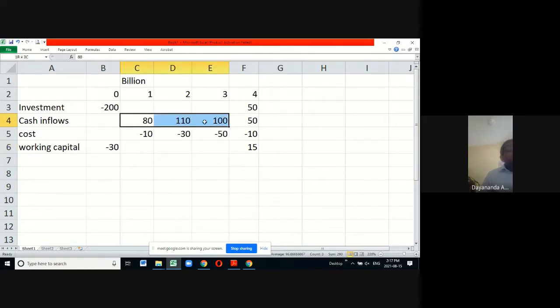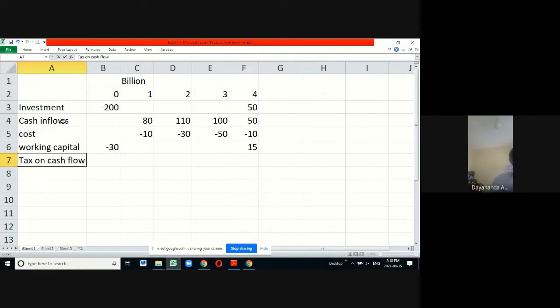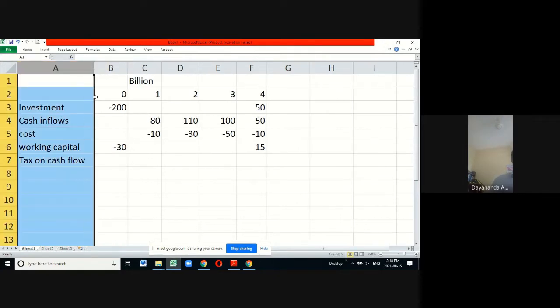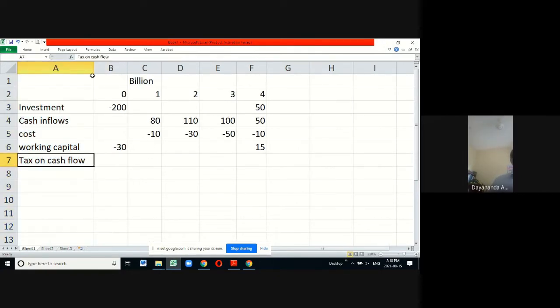But on this particular income, when you do a business, you have to pay tax, and for this also you have to pay the tax. It's tax saving because those are expenses. So thereby, what you can do is put the tax on cash flow. Tax on cash inflow, of course, you can put, and also tax on cash outflow.